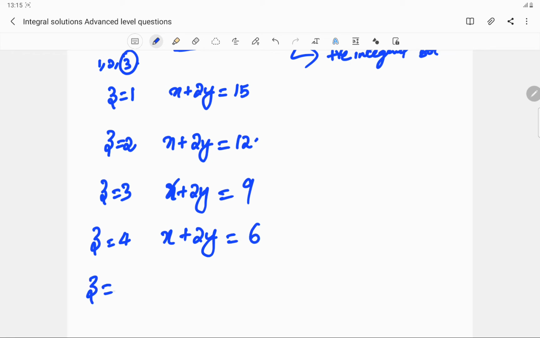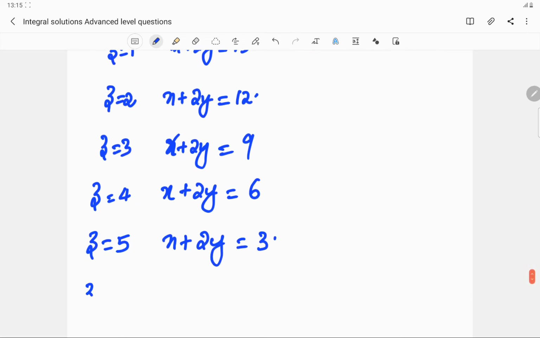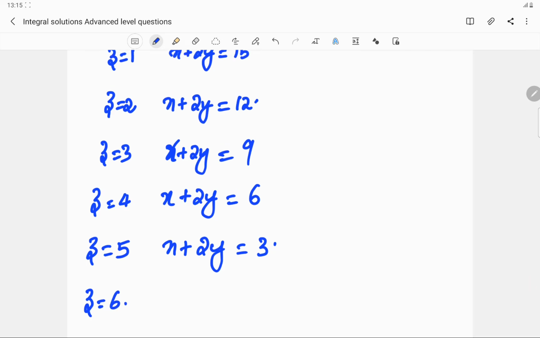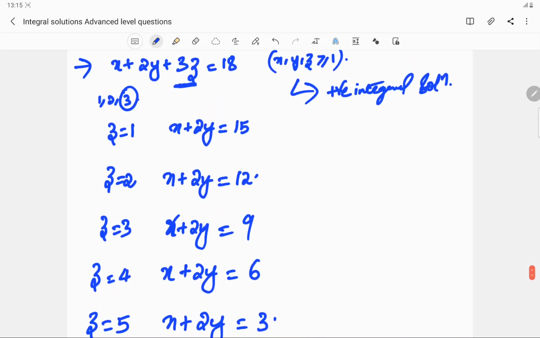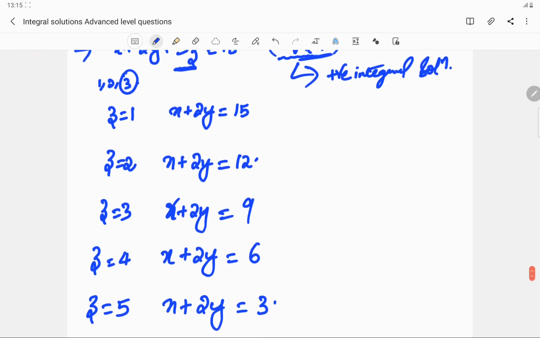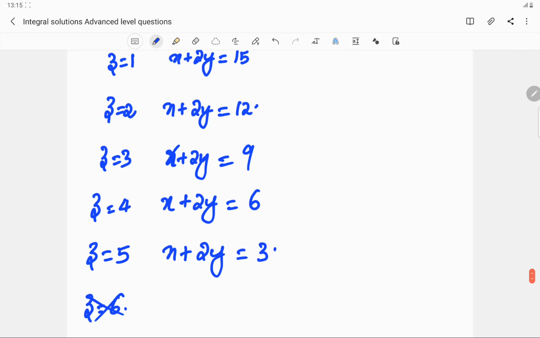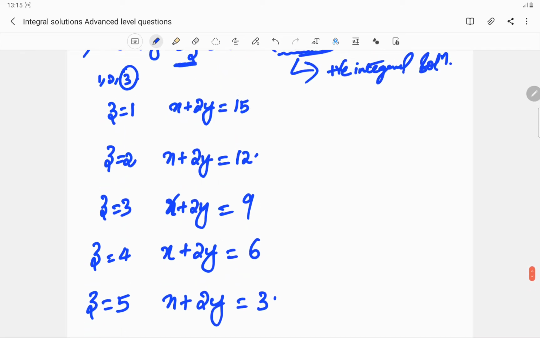Z is equal to 5: x plus 2y is equal to 3. And if z is equal to 6, x plus 2y would be equal to 0. That means it is not a valid option, because x, y, z are all greater than or equal to 1. So we cannot take this case. So these are the 4 kinds of cases which we will be getting.